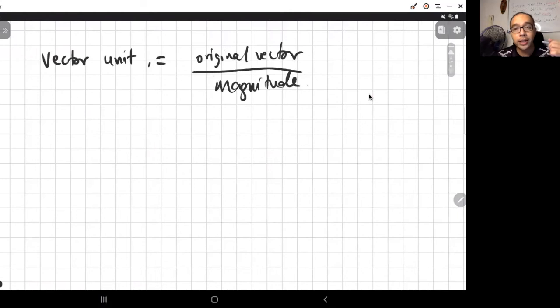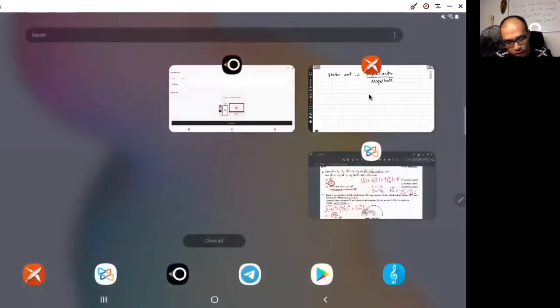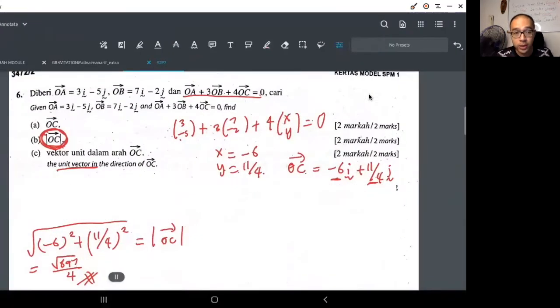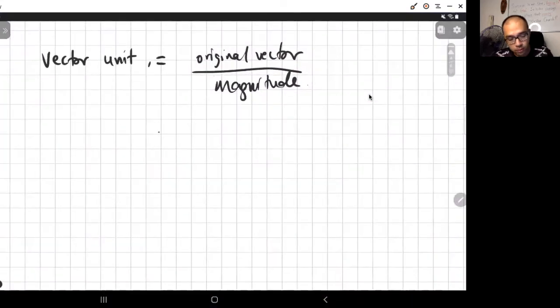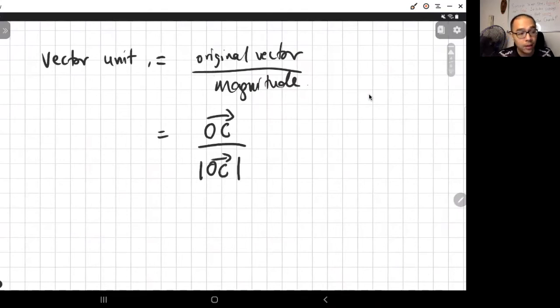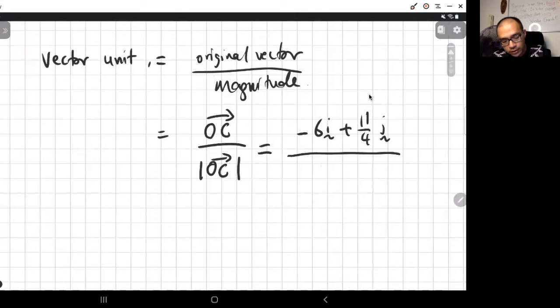In this case, dia cakap the vector unit in the direction of OC, right? Vector unit in the direction of OC will be the vector of OC divided by the magnitude of OC. And the vector of OC we did just now is -6i plus 11 over 4j. So we divide it by root of 697 over 4.